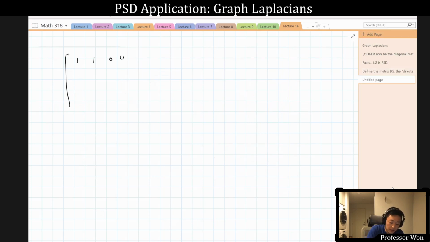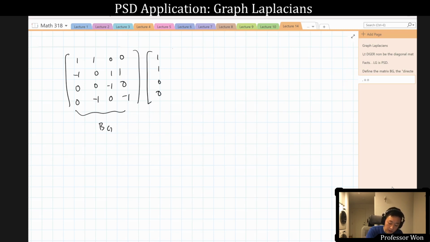Our BG was this matrix, 0, 0, minus 1, 0, 0, minus 1, 0, minus 1, times its transpose. So this is BG. Its transpose just has its rows equal to the columns of the previous one.